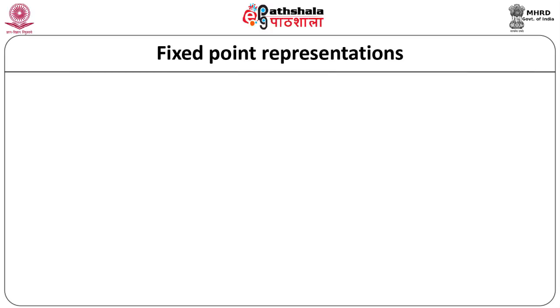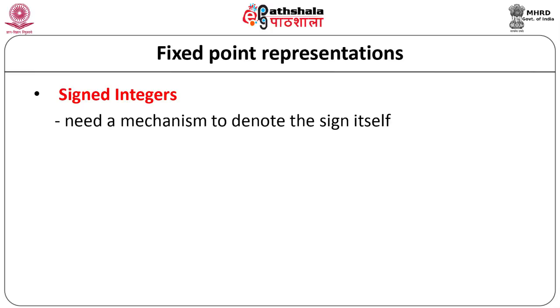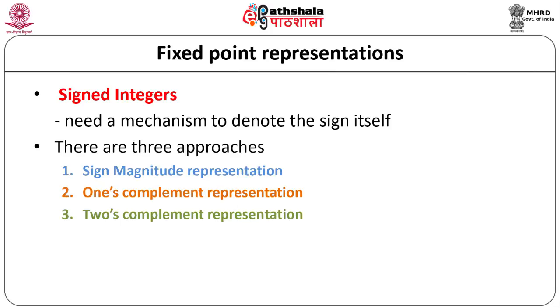So far, we have treated all of our numbers as unsigned or positive only. To implement signed integers or signed fractions, we need a mechanism to denote the sign itself, positive or negative. Unfortunately, this introduces a new problem. There are three different approaches, all of which add a special bit as the sign bit.